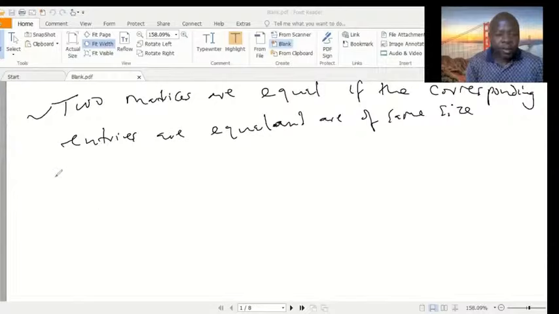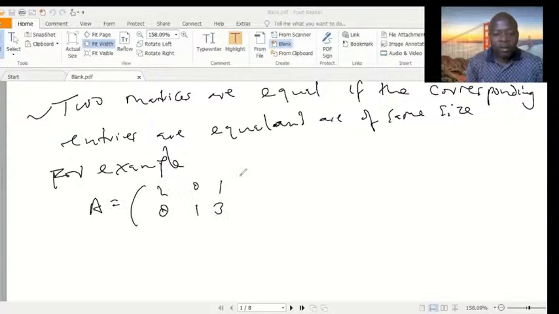For instance, matrix A here, 2, 0, 1, 0, 1, 3, is equal to matrix B here, 2, 0, 1, 0, 1, 3.